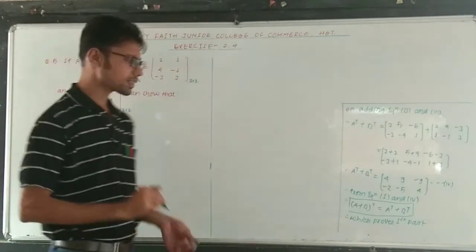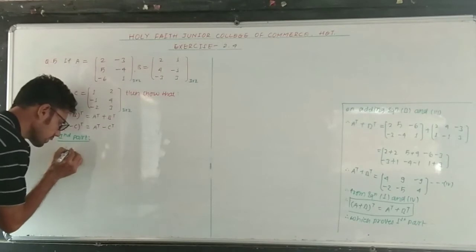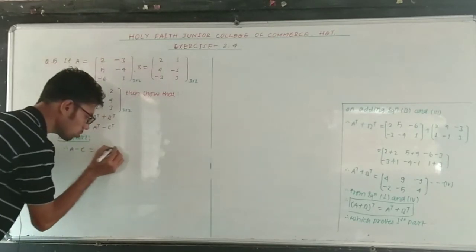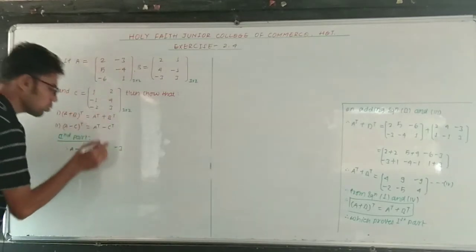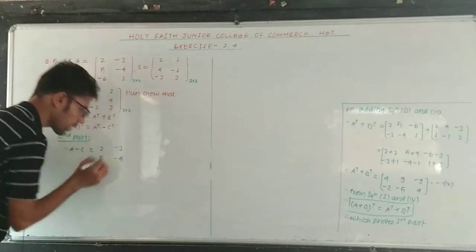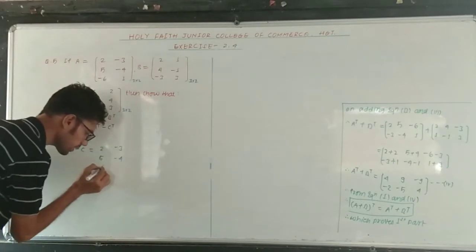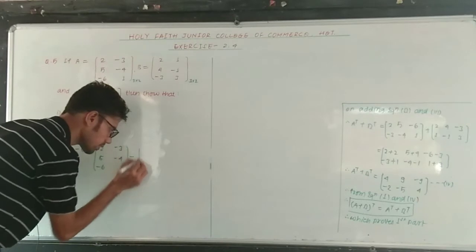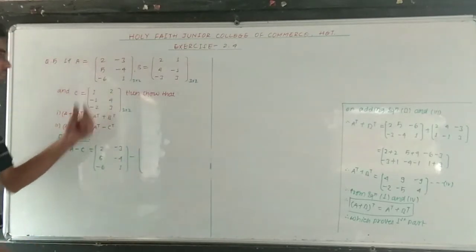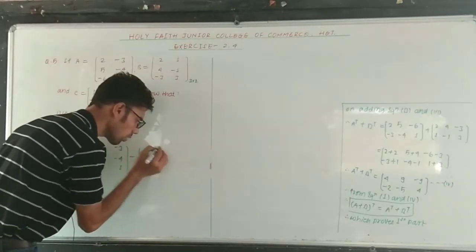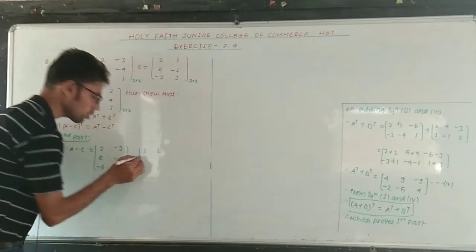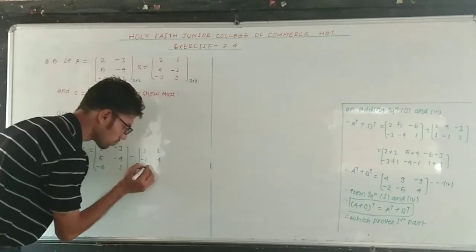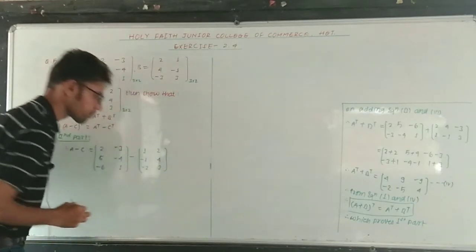Therefore, A minus C is equal to A matrix 2, minus 3; 5, minus 4; minus 6, 1; minus C matrix 1, 2; minus 1, 4; minus 2, 3.